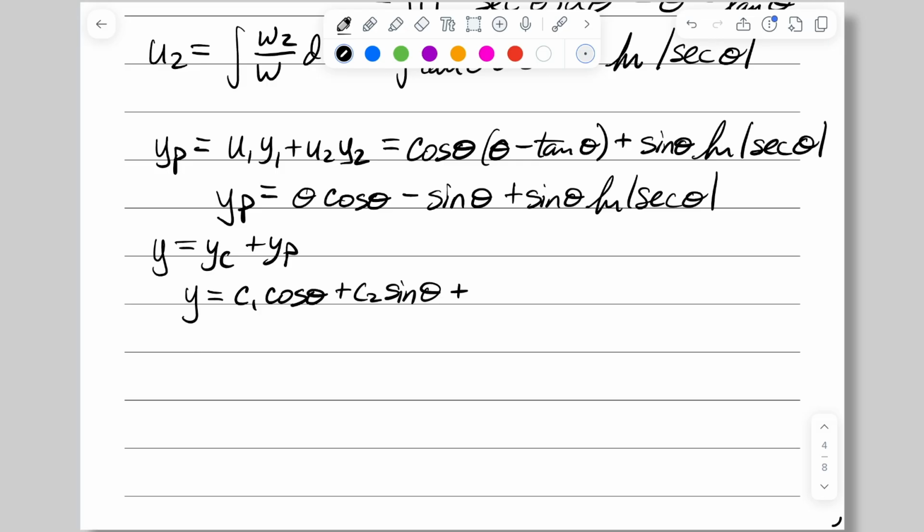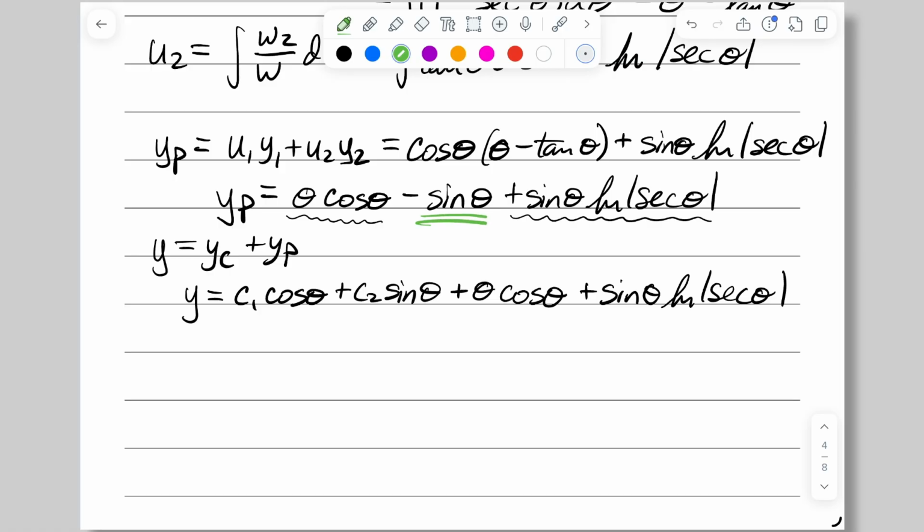Well, okay, so I kind of lied to you. yp in this case is not everything I said it was. yp has a theta times the cosine of theta and a sine of theta times the natural log of the secant of theta. And you might wonder, what happened to the minus sine of theta? It's represented in c2 times the sine of theta. It's a redundant term. We don't need it. We already have it represented.